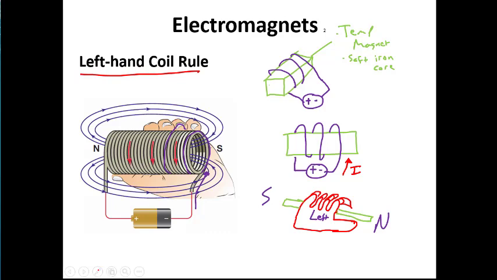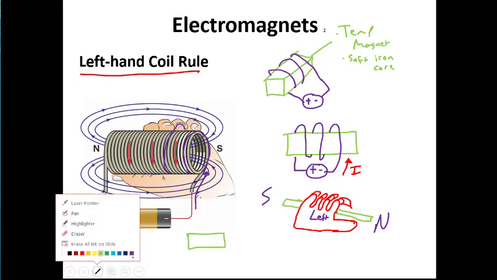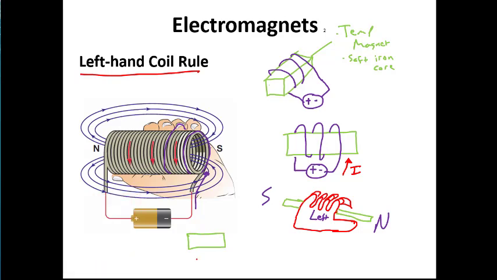So let's say that we have another one. So let's do a different one. I'll draw this down here. So here is our supply, and we have some wires, and this time we go around this way first. Okay, and let's say that current is flowing in this direction.